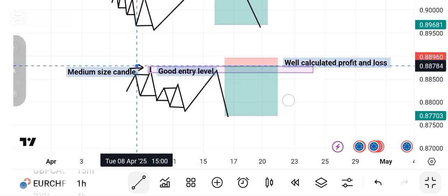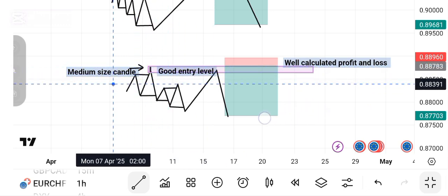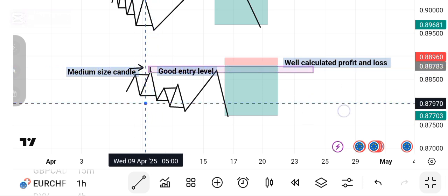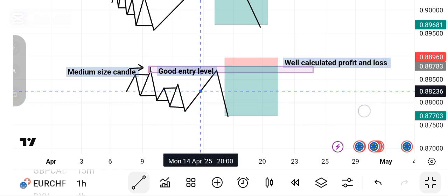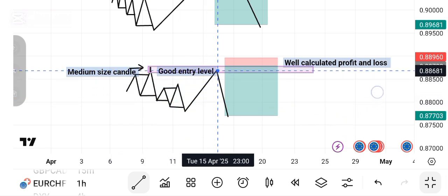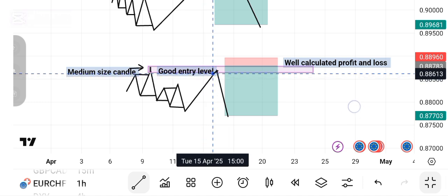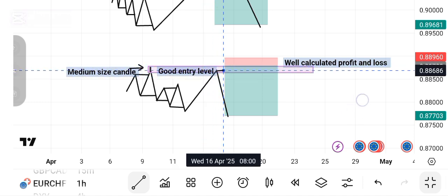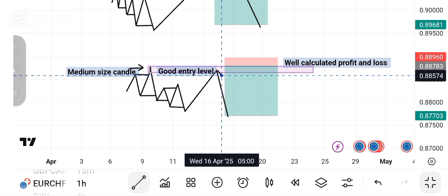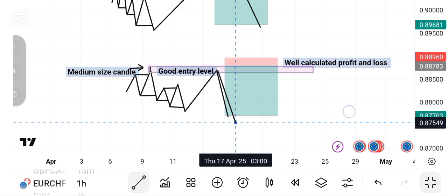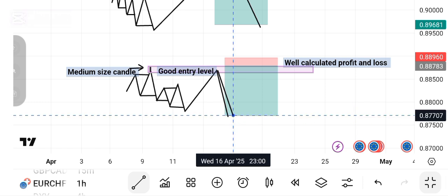Now, if you look at this setup, you can see that the POI has a medium size candle, and once price comes to this POI, I wouldn't mind entering this zone. Why? Because I will not be in a big drawdown before price eventually moves down in my direction.